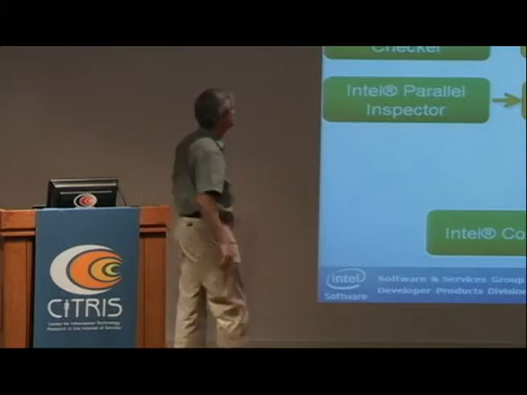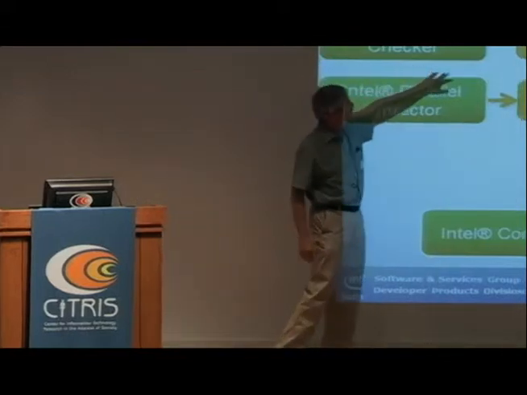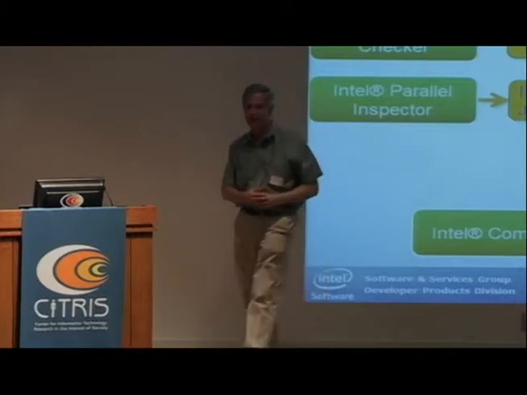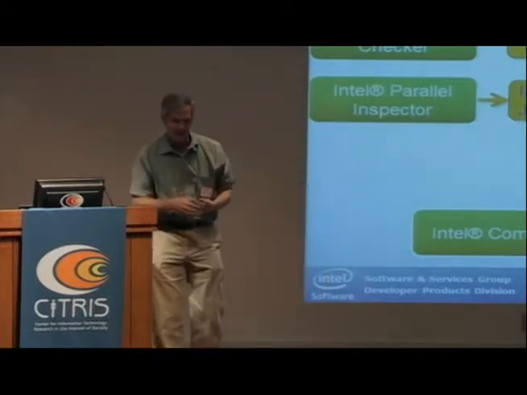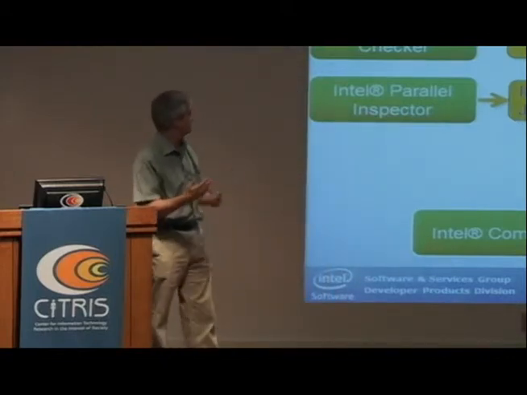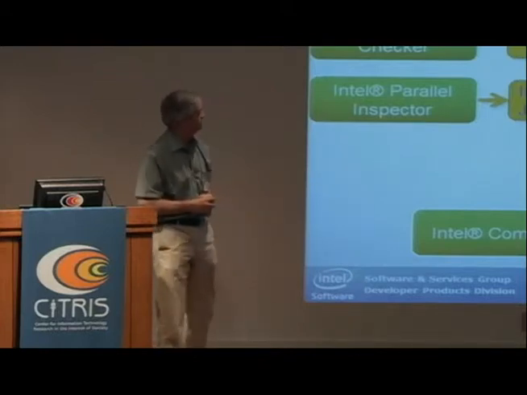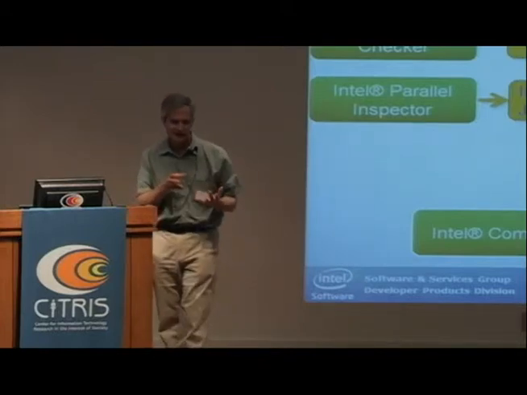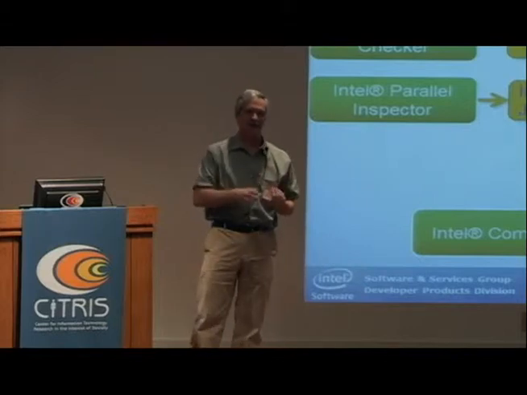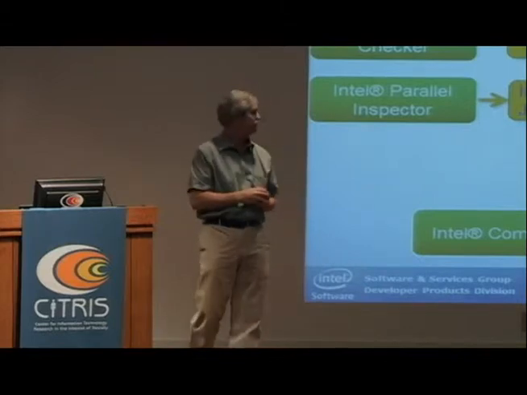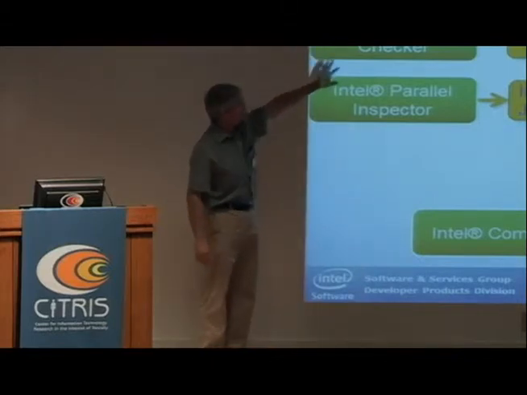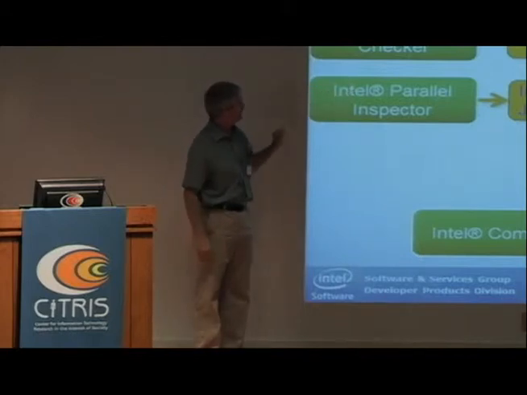So we've taken that tool and improved it in a number of ways. The instrumentation technology is different now in the Inspector than it was in the thread checker. We have a more unified user interface format versus all the other tools in addition. But fundamentally, we started with the Intel Thread Checker and produced that there.